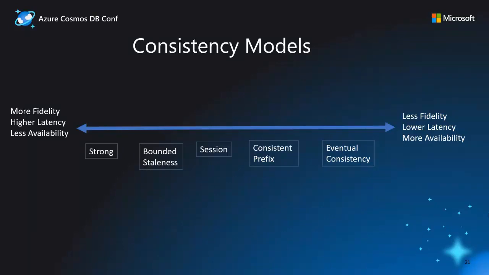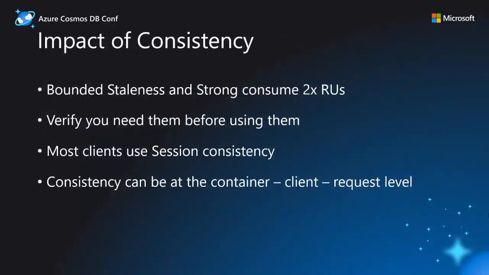So this is a really easy way to get a benefit on decreasing your request units. So bounded staleness and strong, as I mentioned, consume about double the request units of the other consistency models. Because these are more expensive, you should really verify that you need them before using them. Otherwise, you might be consuming double the RUs for these operations when you don't actually need that type of stronger consistency.